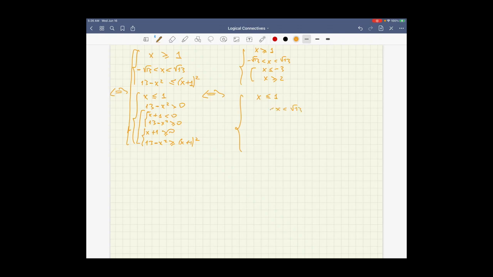We have x between negative root 13 and root 13. And when we work with this, we have that either x is less than negative 1 and between negative root 13 and root 13, or that x is greater or equal than 1.